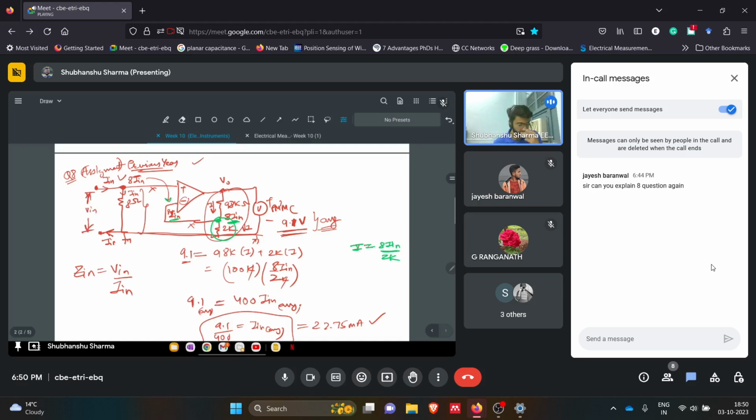If we are taking this as reference, that is 0, then V input is the voltage drop across this, that is the 8 in. So this will be 8 in divided by I in. We can keep it as I in, that is the current being entered to this whole system. So it will be 8 ohms.